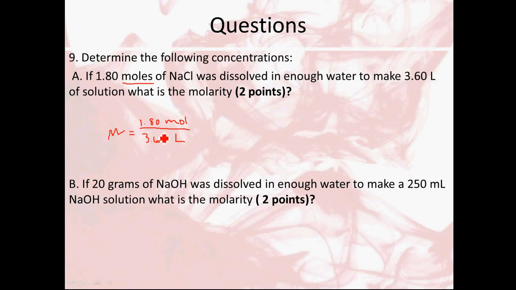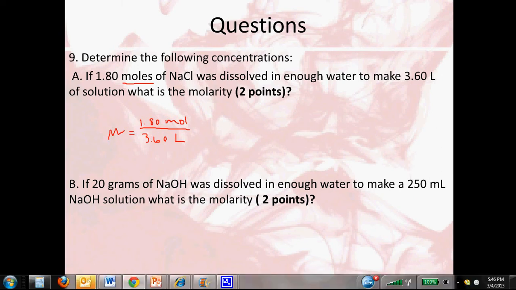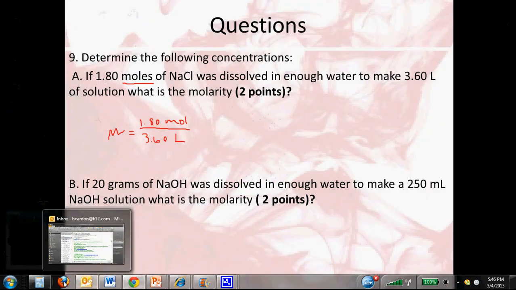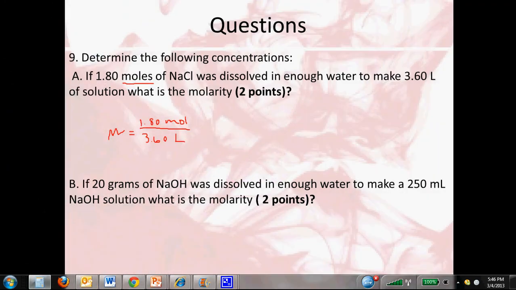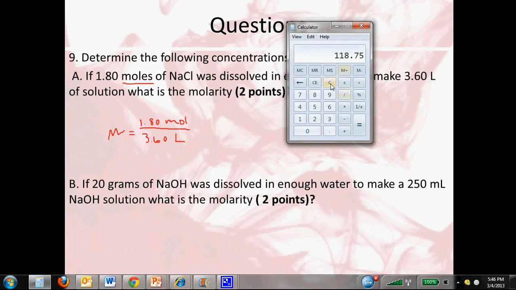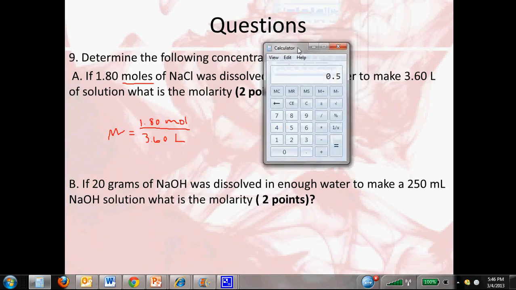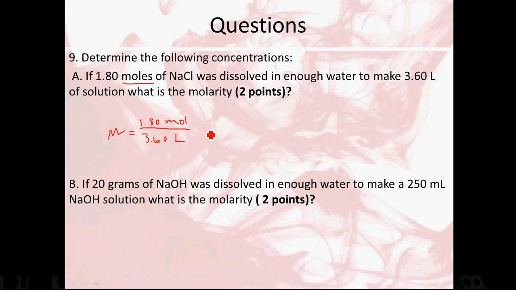So all we need to do now is divide those two numbers. So let us look at our calculator. 1.8 divided by 3.6. So our molarity is 0.5 molar.